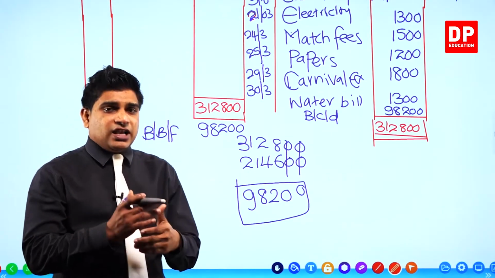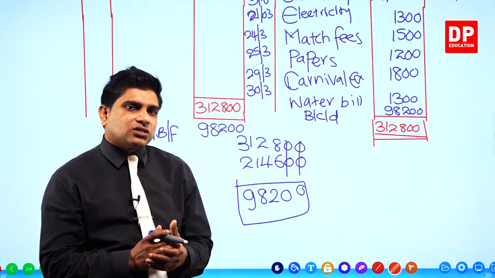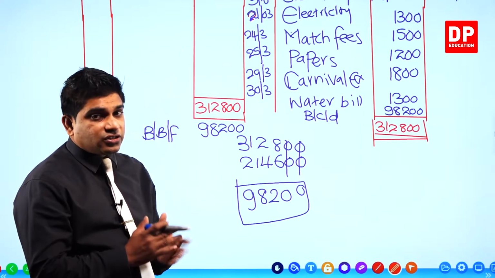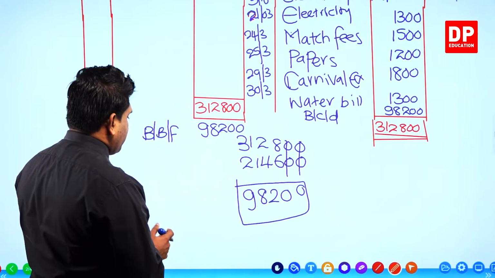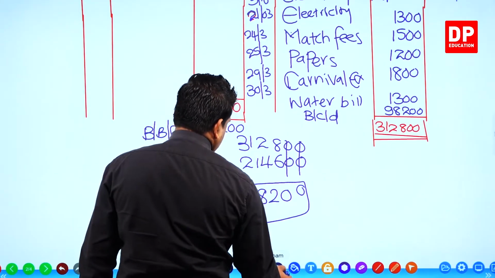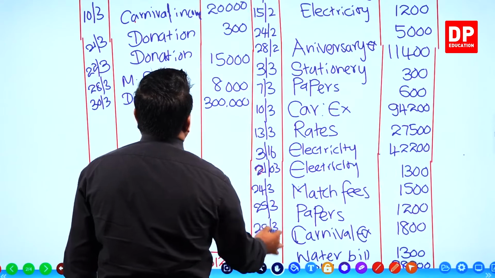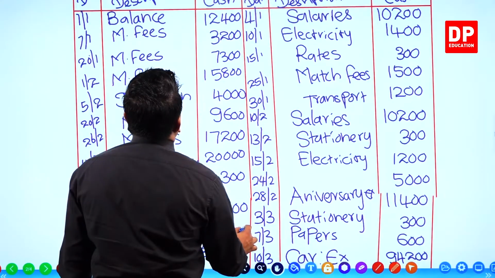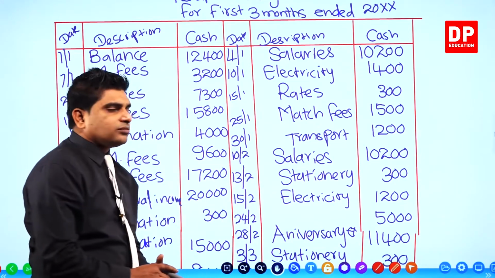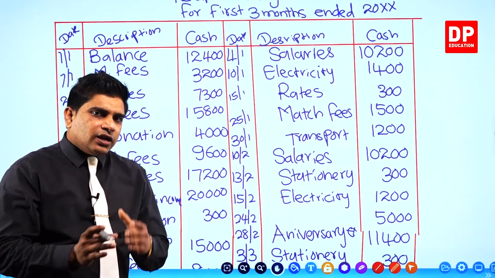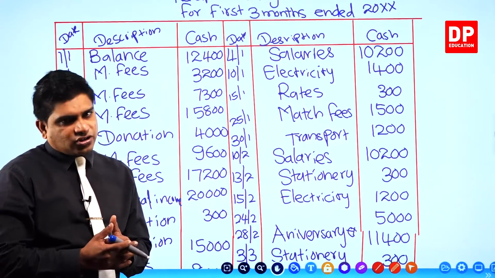It is the available cash balance in this society at the end of the first 3 months, right? Then this is the question. If you want to see above again, I can scroll up and scroll down. I think you have finished this question with me. Okay, now we go to the next slide.